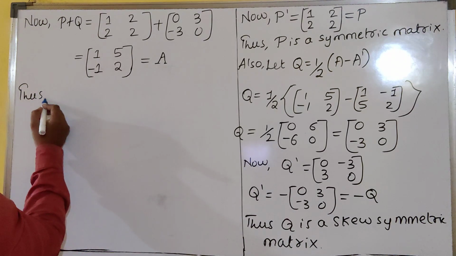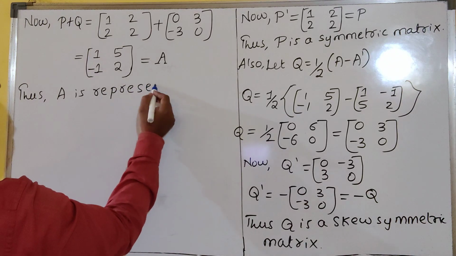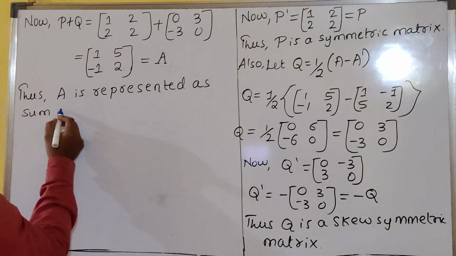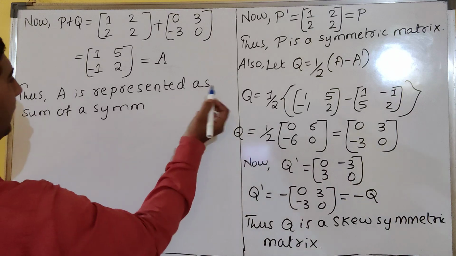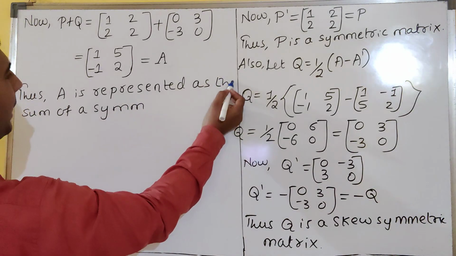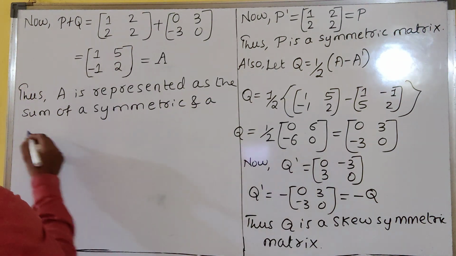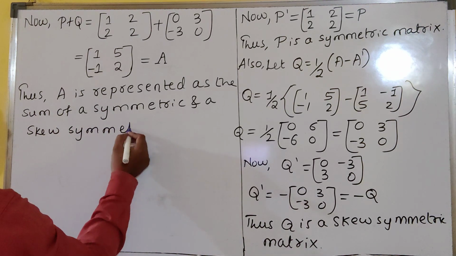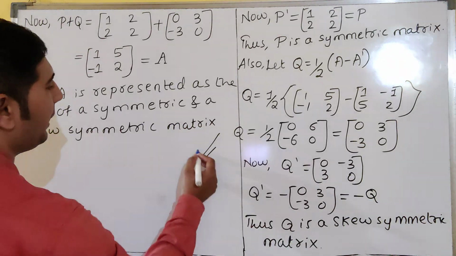Thus A is represented as the sum of a symmetric and a skew symmetric matrix, dear students. So this is your answer.